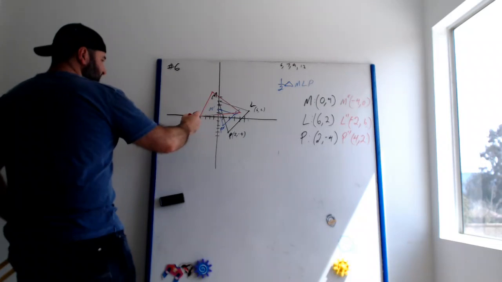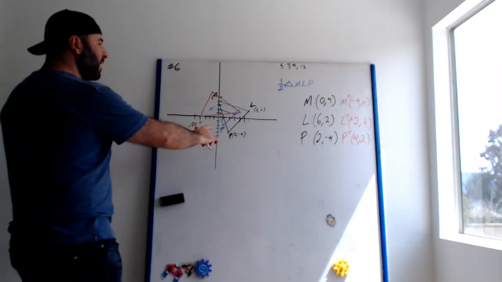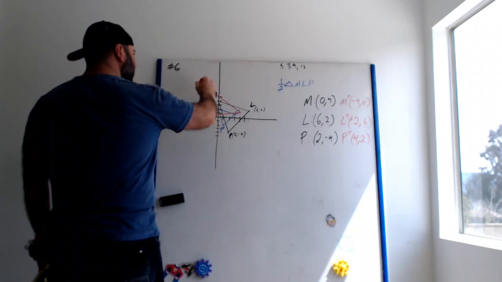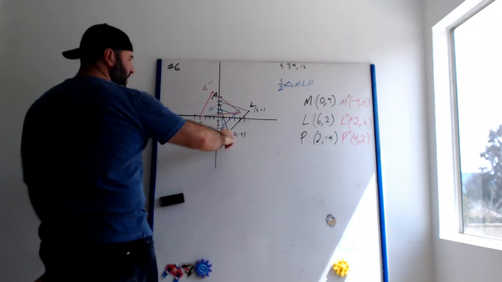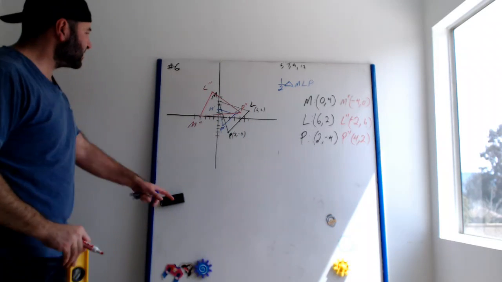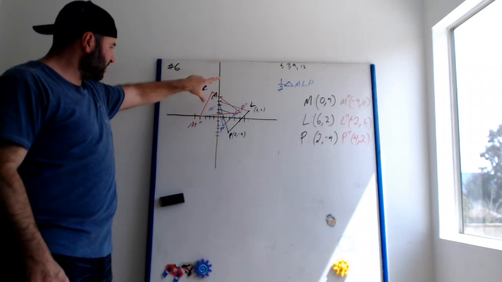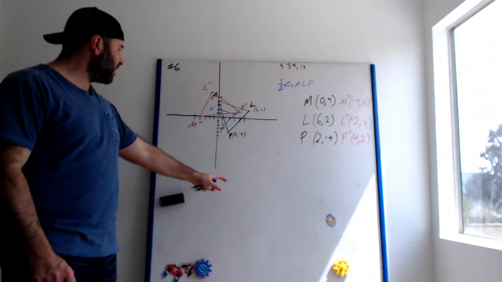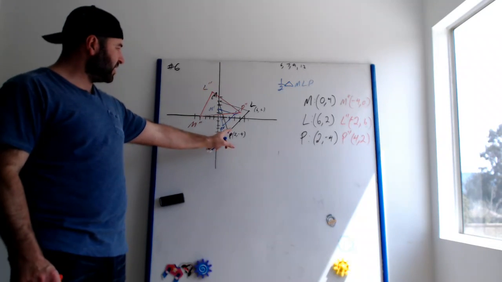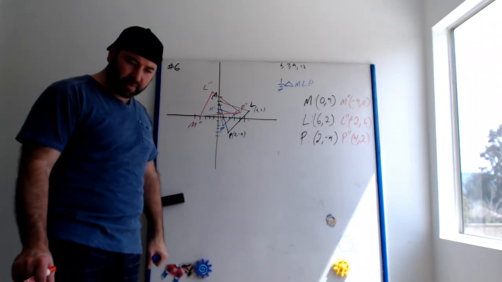So this is my new M double prime. This is L and P. And it makes sense, since M and L were both pretty much in the same quadrant, so they should still be in the same quadrant now. P was in a different quadrant, so it should be in a different quadrant than M and L double prime.